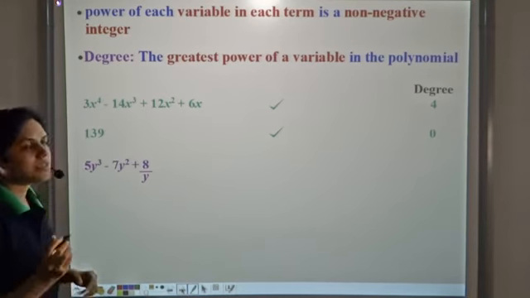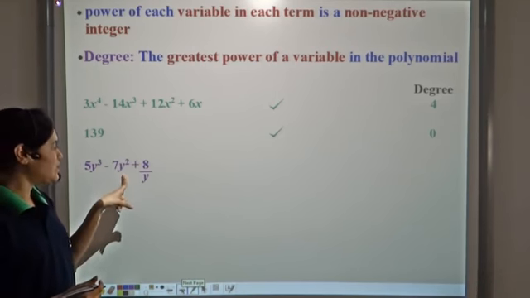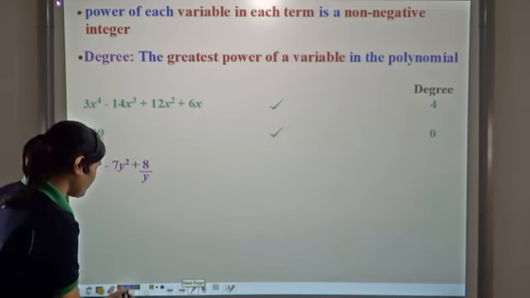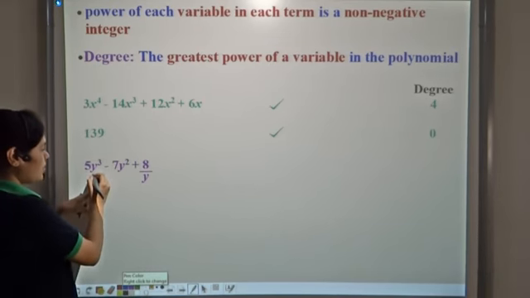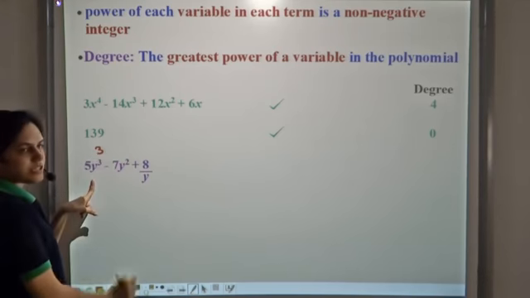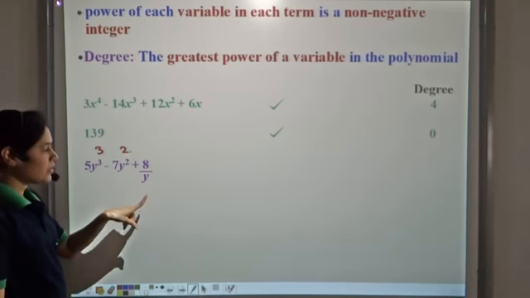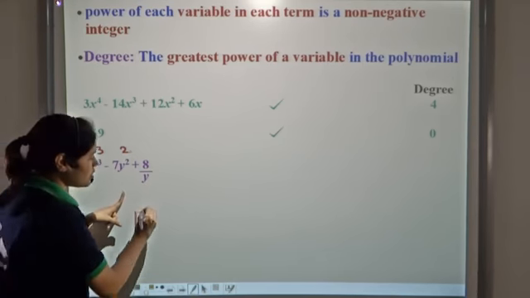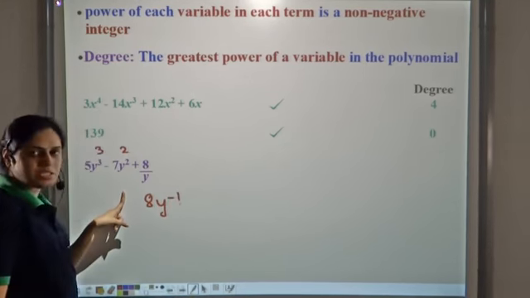Now let us consider a third example. 5y cube minus 7y square plus 8 by y. What is the power of the variable in each term? Power of y here is 3. Power of y here is 2. In this case, y is being divided. So we write it as 8 into y to the power minus 1.